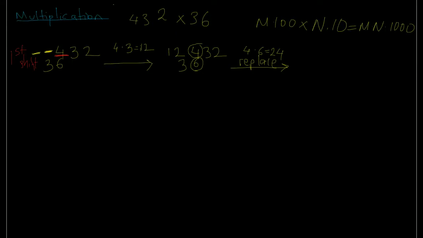Now, when it is 2 digits, what we do is this 2 we add to the digit to the left of 4. That means that we would increase this 2 by 4. So therefore we would get 1, 4, 4, 3, 2, and 36. See, at the end of the shift, we do a replacement.